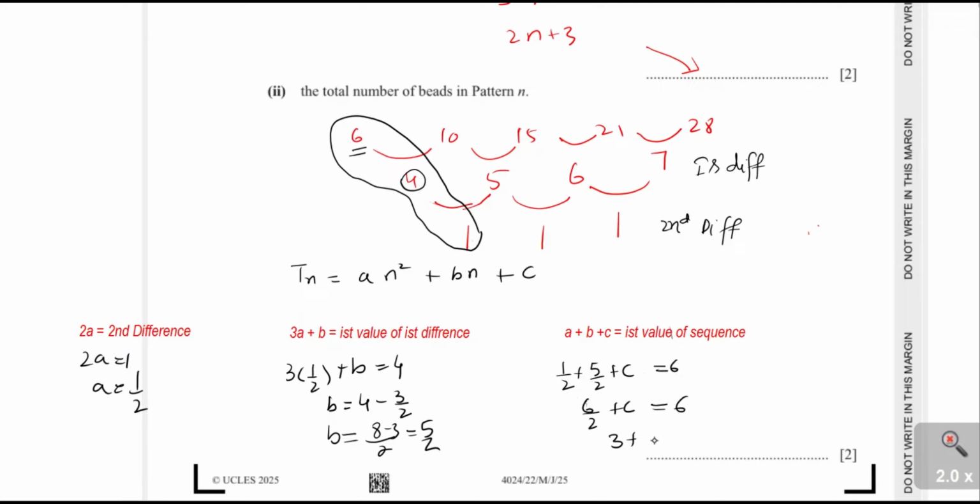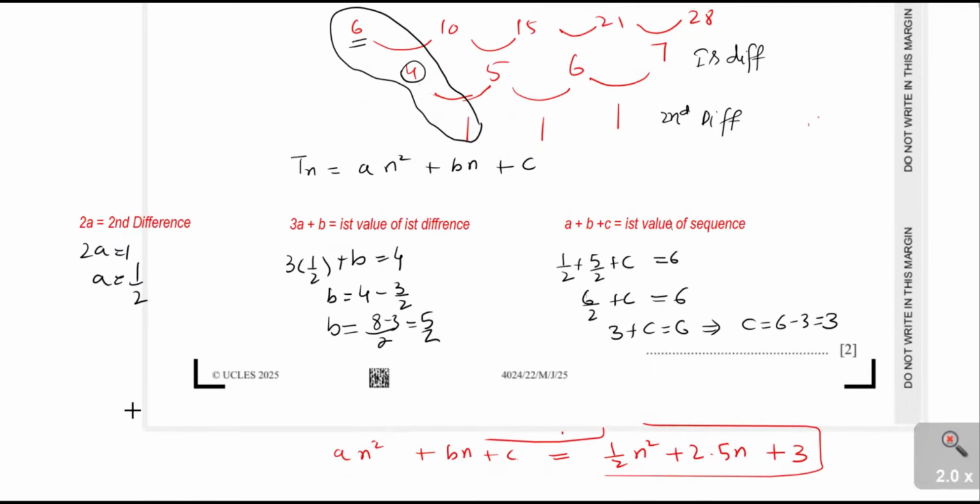This is 3 plus c equal to 6, and c will be equal to 6 minus 3, and this is 3. Therefore, the value of a here is 1 over 2.